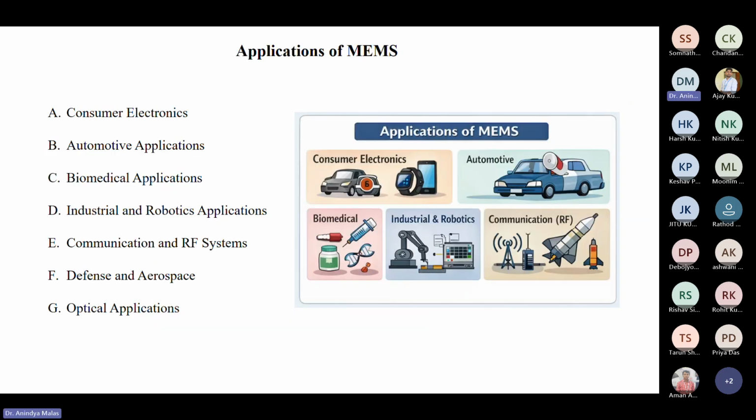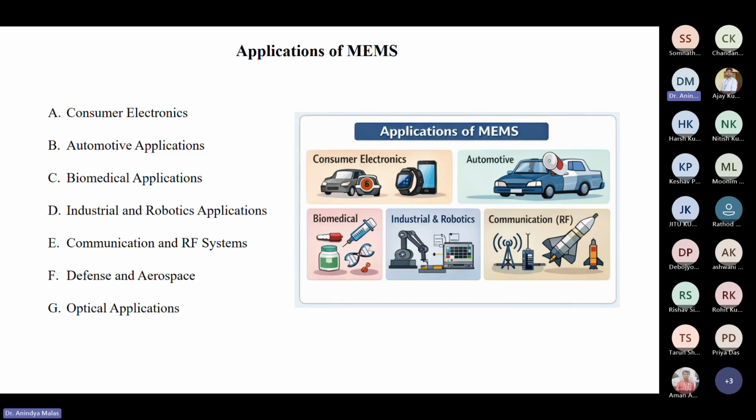Different applications: in consumer electronics, in a mobile phone, when you rotate the mobile it is detected using the gyroscope. In smartphones, laptops, and tablets you will find MEMS. Microphones also use MEMS.